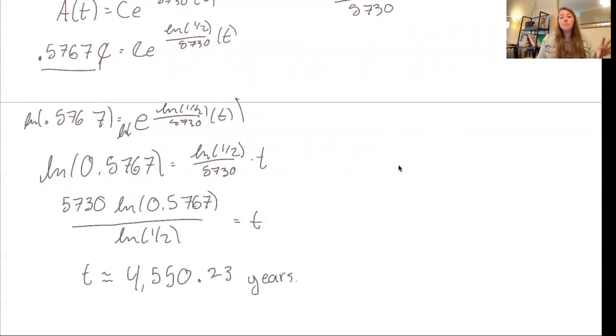Okay, and that logically makes sense right now, since he hasn't lost 50% yet. He's at 57.67%. So he hasn't gotten to a full half-life yet. So we shouldn't have passed 5,730 years yet.